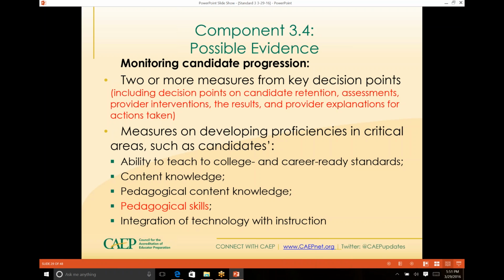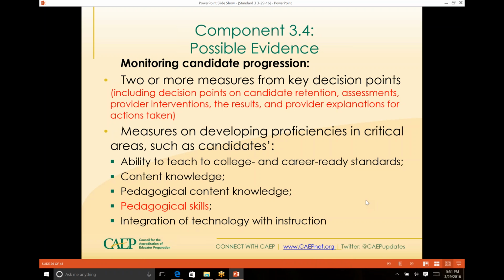What is new here is that there are decision points on candidate retention, decision points regarding the assessments that are used, what kind of interventions you take, what the results of those interventions are, and what your explanations for actions taken are. So they're not only looking for a record of the measures that you employ at key decision points, but also what you're doing with those measures.